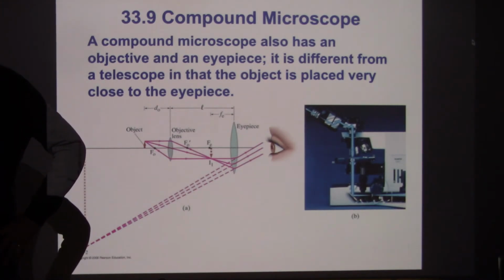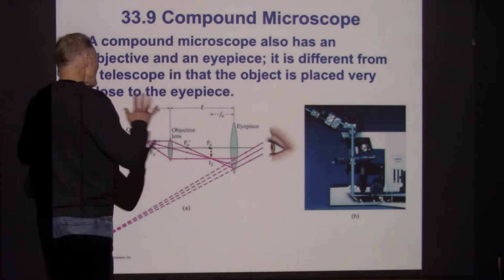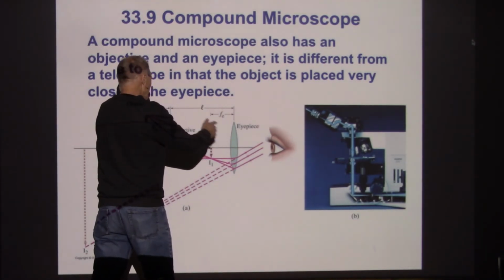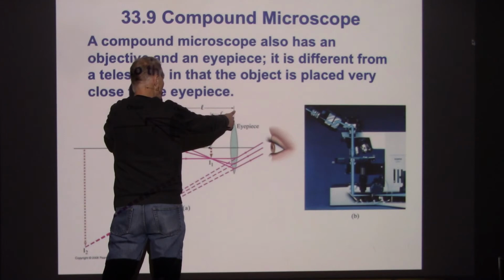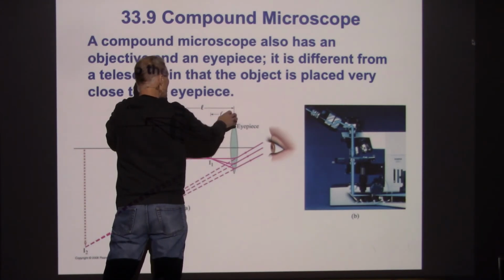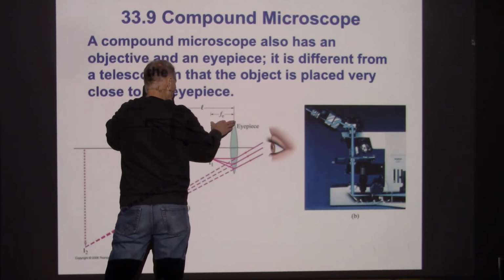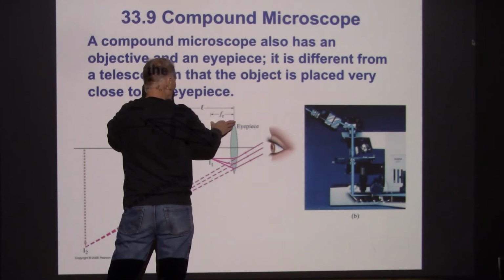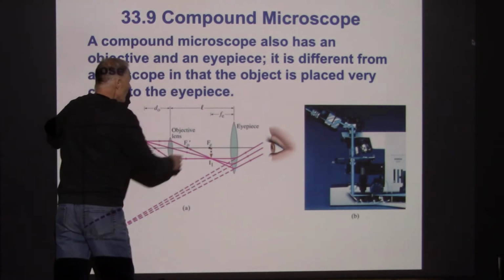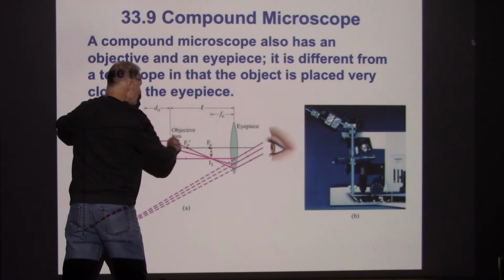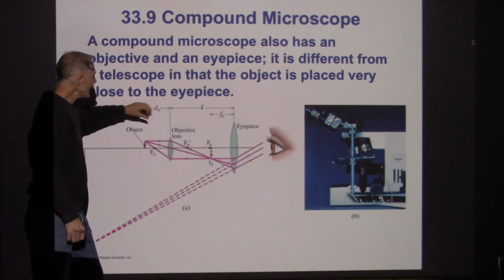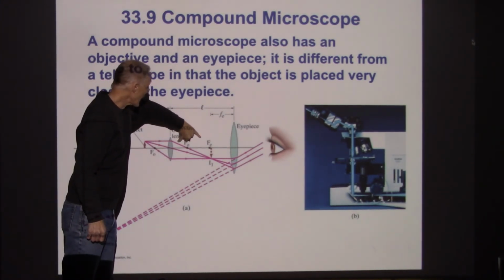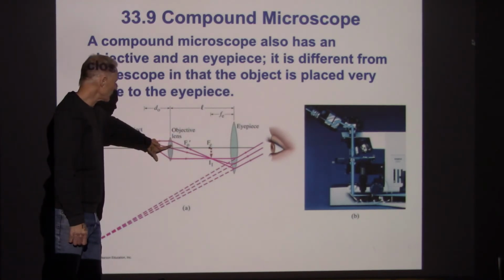So if I've got a microscope and there's a certain distance between the two lenses, and this is the focal length of the eyepiece, then within this remaining distance, that is going to be the DI for my objective lens.